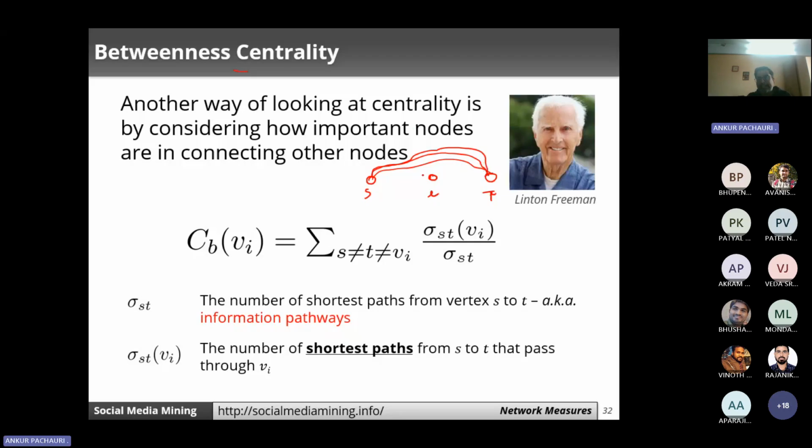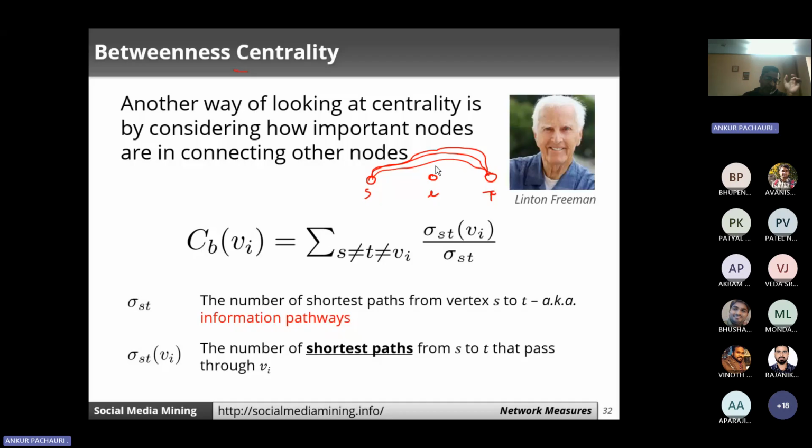In the previous example, the Excel sheet in which we were discussing radius and diameters, I showed you that there can exist multiple paths, but all of them will be of the same magnitude. So there can be multiple shortest paths between a pair of nodes.